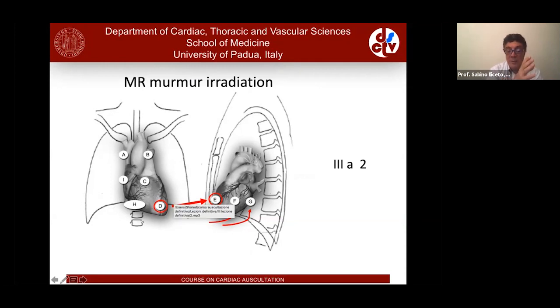Sometimes, and it is not rare, if there is a flail leaflet, for example of the posterior leaflet of the mitral valve, as I showed you, the irradiation is through the posterior wall of the aorta and therefore goes to C and A. What can happen is that for some reason, the maximum is no longer here, but in here. This is not the mitral valve auscultation area in terms of maximum intensity, but it can occur.